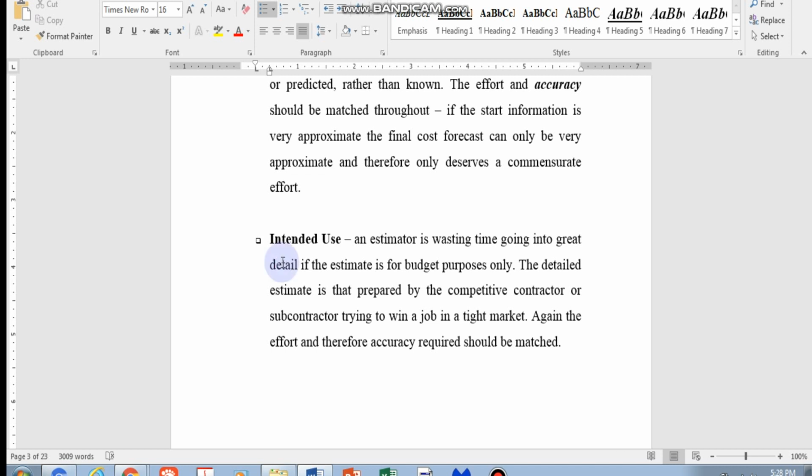The intended use will match the level of effort, and it will also determine the level of information you have in the initial stage. So the accuracy will match the intended use as well.